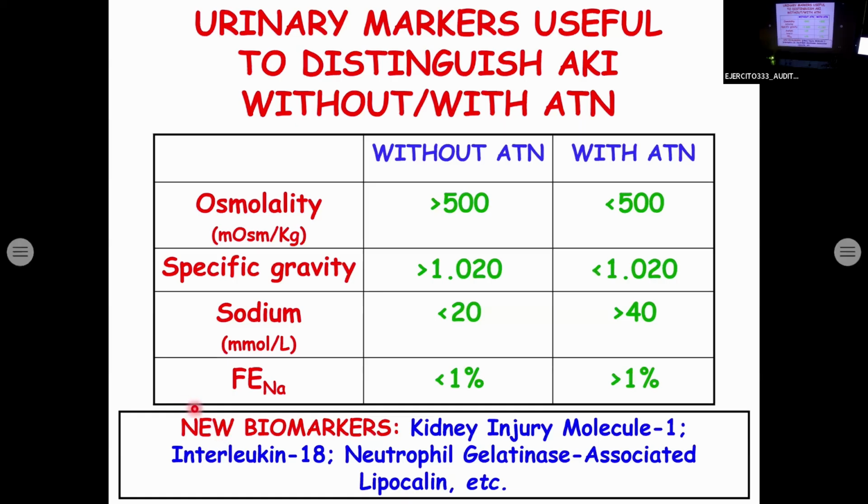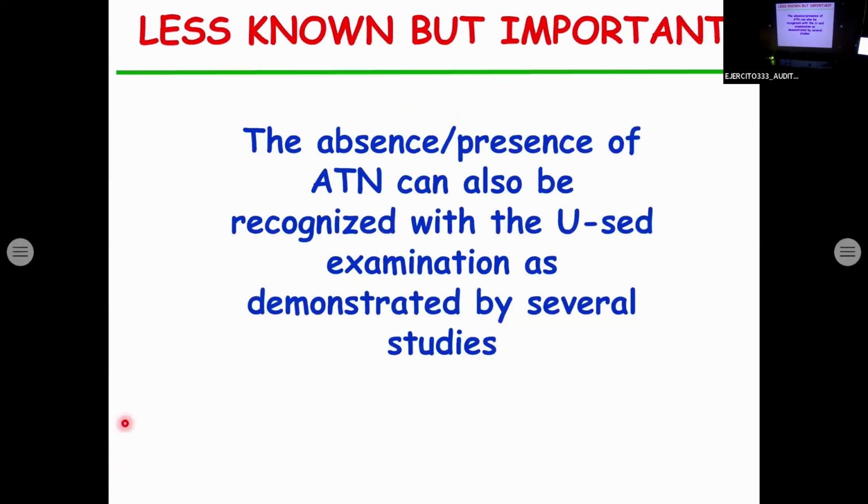These are kidney injury molecule 1, KIM-1, interleukin 18, and neutrophil gelatinase-associated lipocalin, etc. These are well-known parameters by nephrologists. But not so many nephrologists know that the absence or presence of ATN can also be recognized with the urine sediment examination, as demonstrated by several studies.